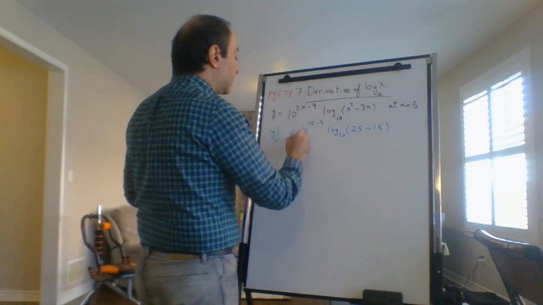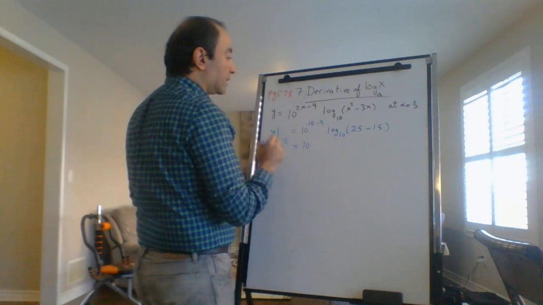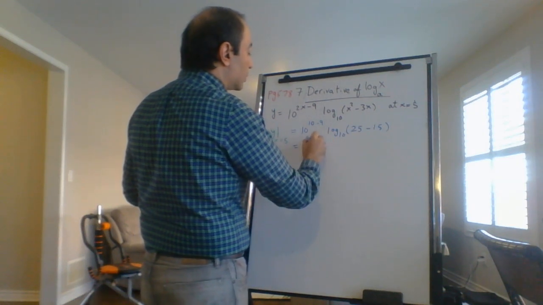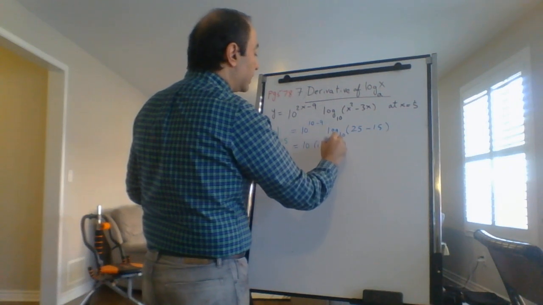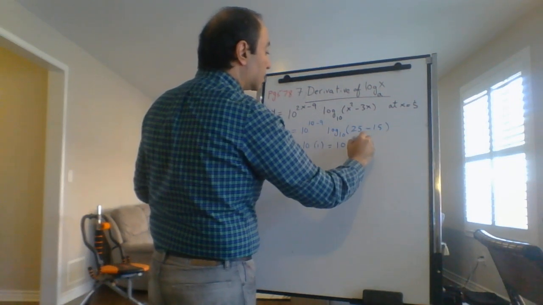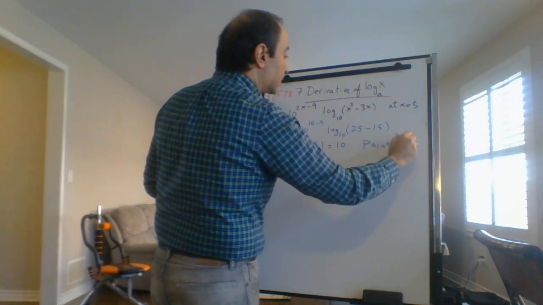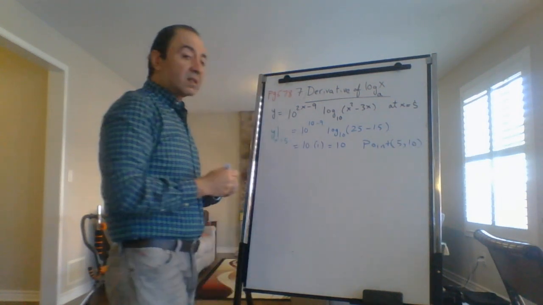This will give us 10 to the power of 1, which is 10, and here this will be log base 10 of 10, which is 1, so we get 10. So the point is (5, 10). This is the point.